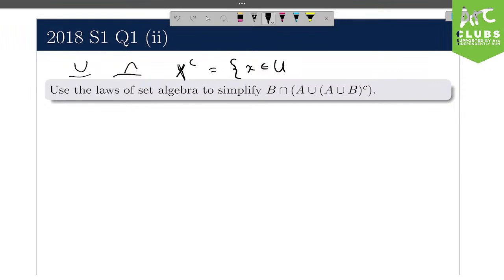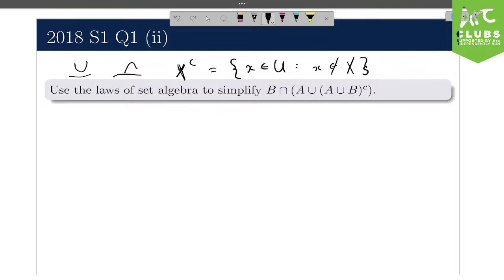So that's the set containing all the elements we could possibly care about, in the context of our question, that are not in X. So basically, everything except the stuff in X. That's what the complement is, right? And these operations can be combined to yield different results.